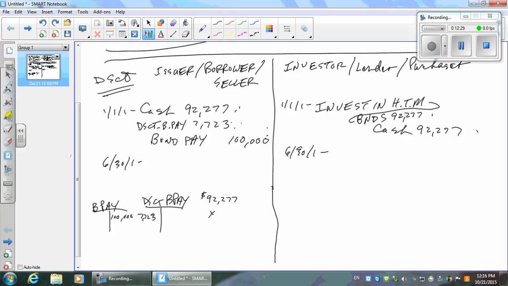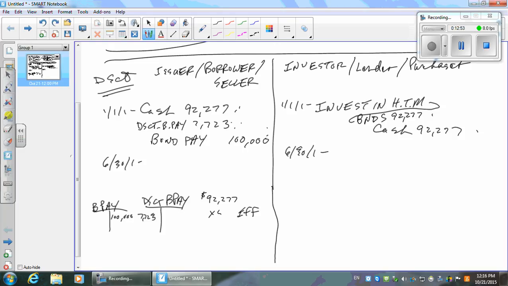Real common mistake. If we discounted at 5%, we better unravel the deal at 5%, or it'll never work out. It won't go back to 0. So we're going to amortize this discount over the life of the bond, and the interest rate we want to use is our effective rate, or yield or market rate, whatever you want to call it.